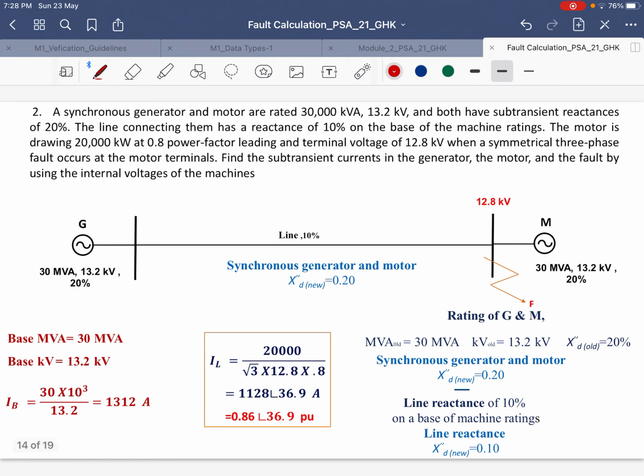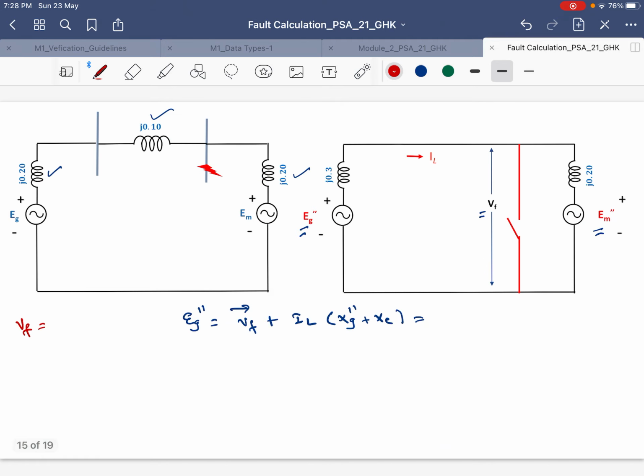The pre-fault voltage Vf is operating at 12.8 kV and the base quantity is 13.2 kV.